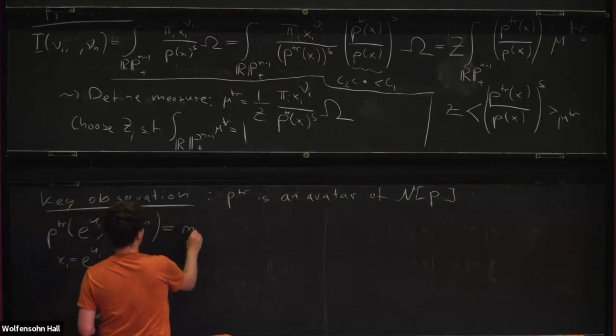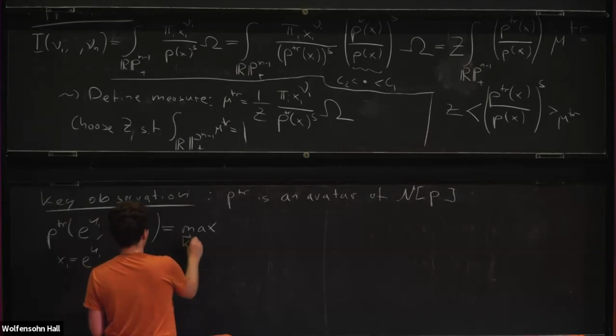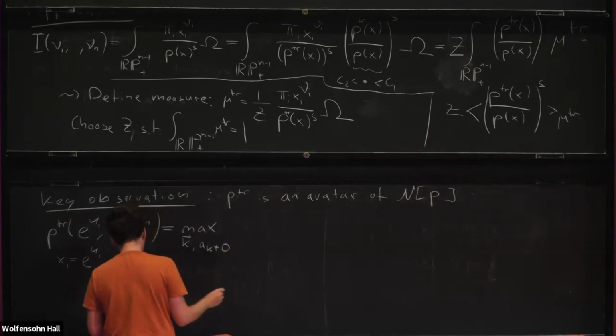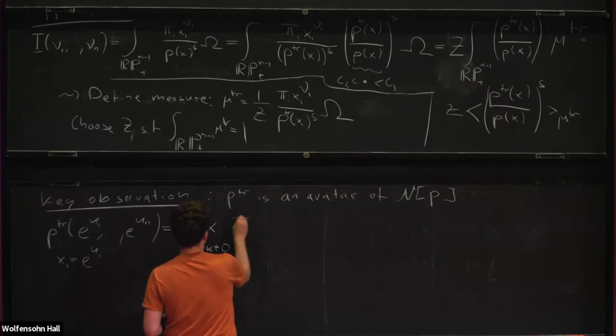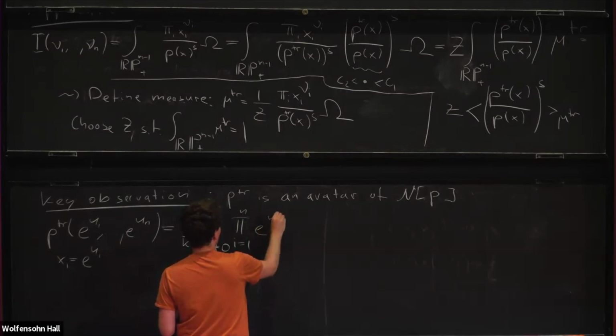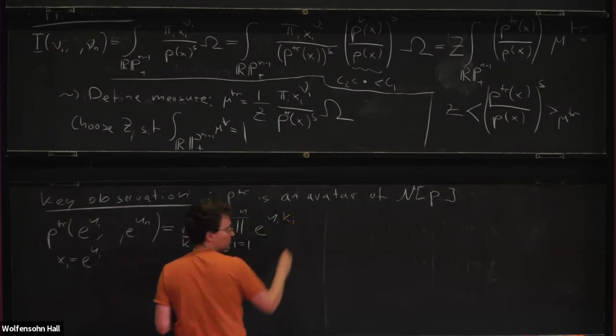And now by definition, this is the maximum over all k vectors where the coefficients are not 0. And for each, we take the maximum over all the monomials, but the monomials are now written in this exponential form.